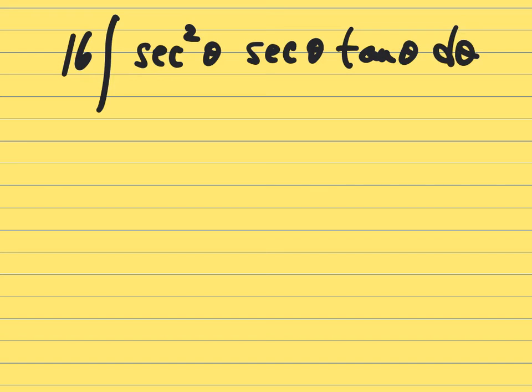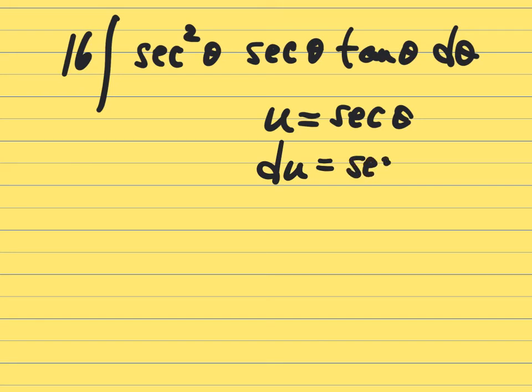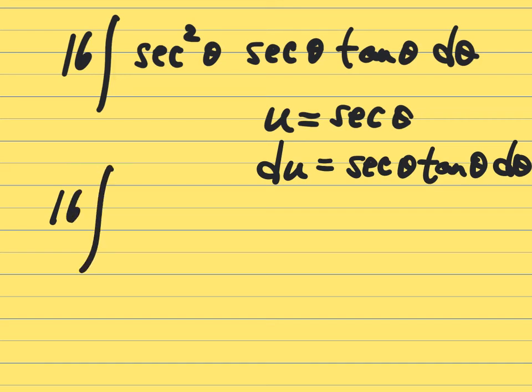And so, like the second video, we can make a substitution using secant because its derivative is going to make up the rest of the integral. And this is going to reduce down very nicely. That's going to be u squared du.